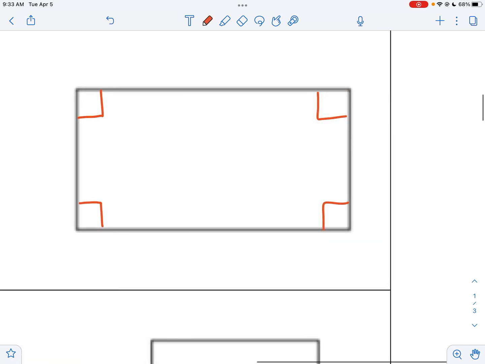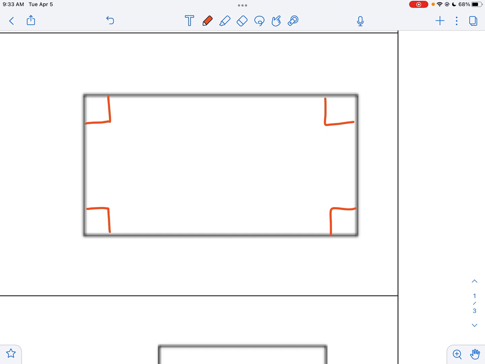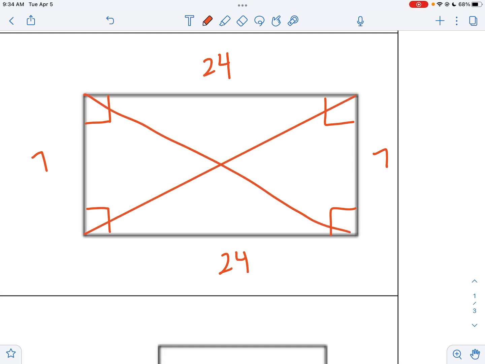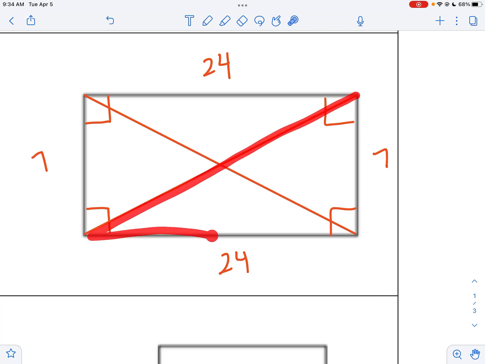So just taking a look, let's pretend that this side is 7, so then our other side would be 7. That's a parallelogram property. If this top is 24, then that bottom should be 24. That's a parallelogram property. And then I already know about these angles. So if I draw in my diagonals, well, I've made a right triangle.